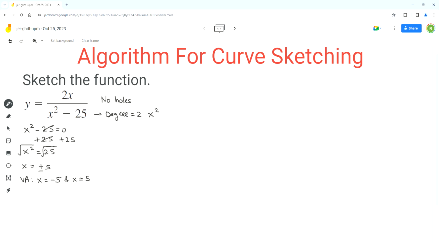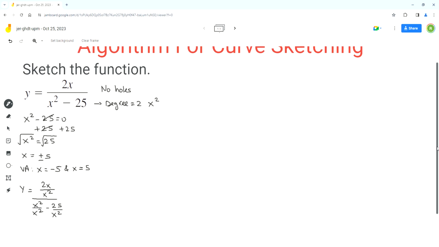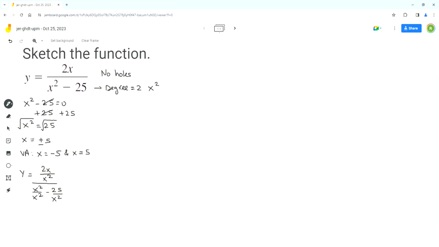So we get y equals 2x over x squared, over x squared over x squared, minus 25 over x squared. Now we can simplify this expression. So we get y equals 2 over x over, now x squared over x squared is equal to 1, minus 25 over x squared.